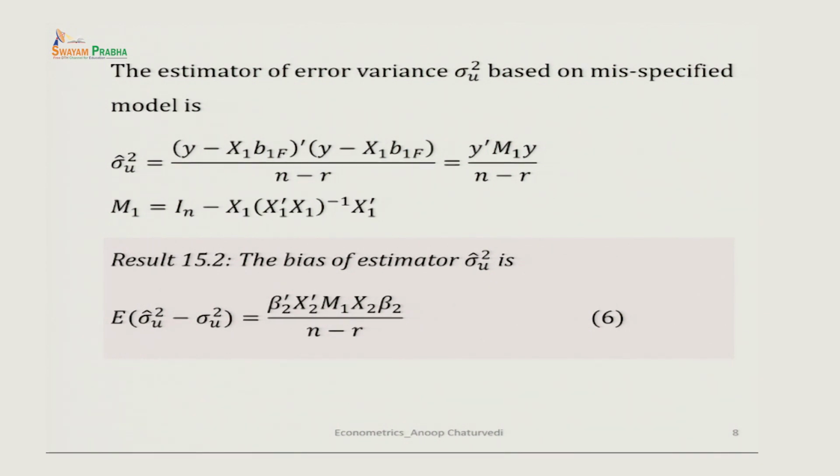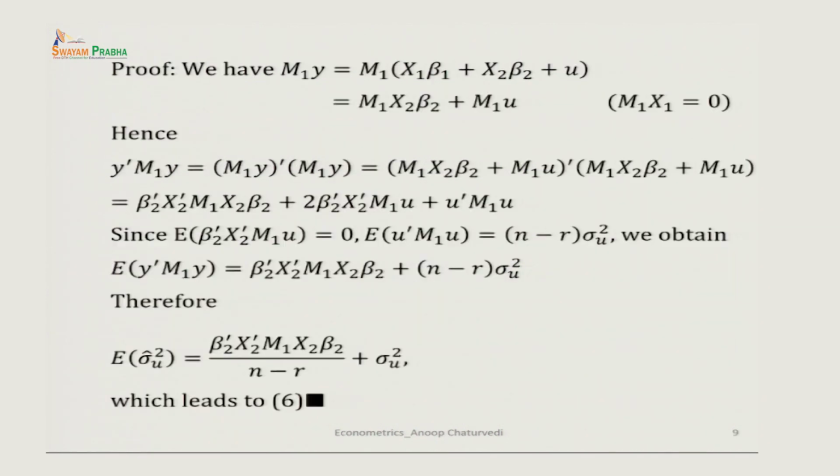Now, we investigate how the model misspecification is going to affect the properties of this estimator. If we exclude some of the relevant variables, how is it going to affect the properties of sigma hat square u? So, we obtain the bias of the estimator sigma hat square u, which is equal to expectation of sigma hat square u minus sigma square u, equal to beta 2 transpose x 2 transpose m 1 x 2 beta 2 divided by n minus r.